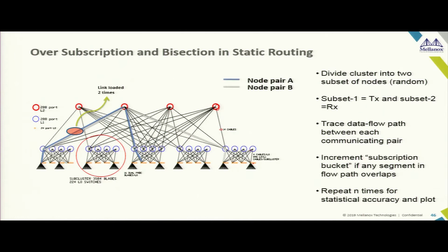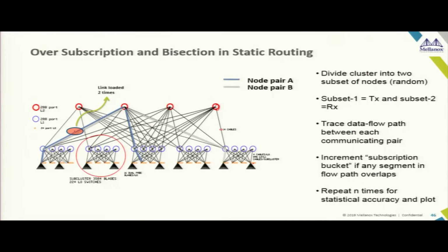Okay? Because of that, even though we made a non-blocking network, as in the total number of ports going downlink is equal to the total number of uplink ports, there are certain communication patterns in which a segment will be shared. Why will it be shared? Because let's say this particular server over here wanted to talk to this one. It will take this route. From this switch, it will maybe go to this one, come down, and so on.